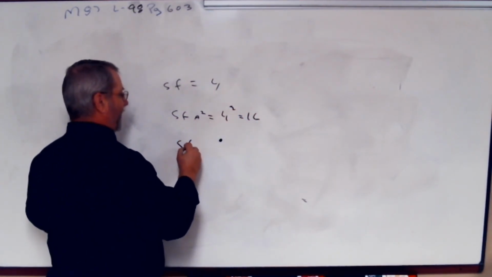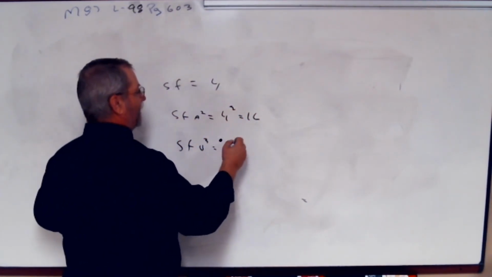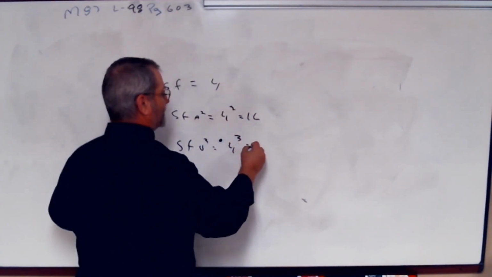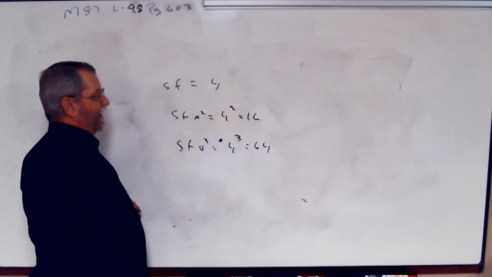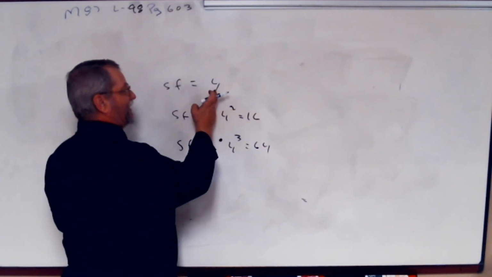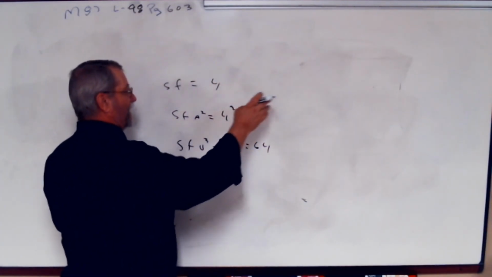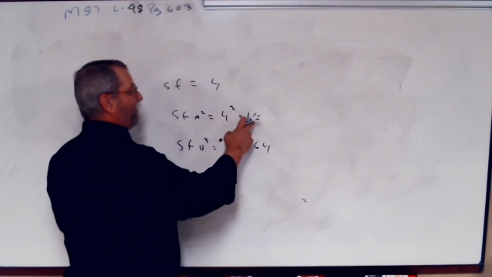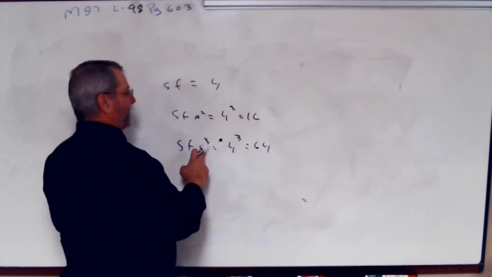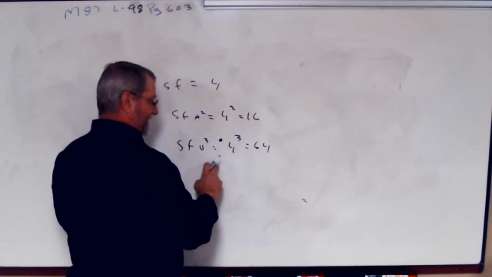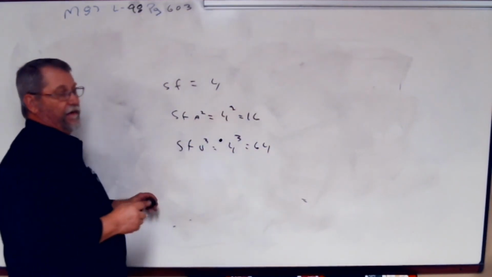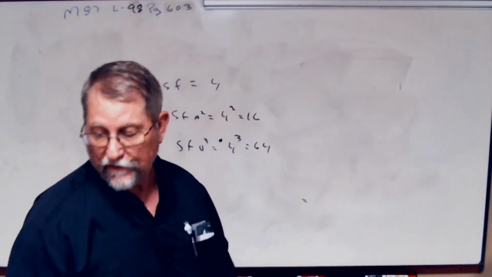And the scale factor for the volume is going to be this. Okay? This is how much I'd multiply times each side to get the side on the other one. For the area, I'd multiply it by 16. For the volume, I'd multiply this side by 64. Okay? See what you can do with that.